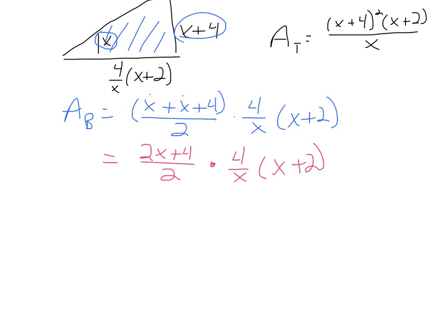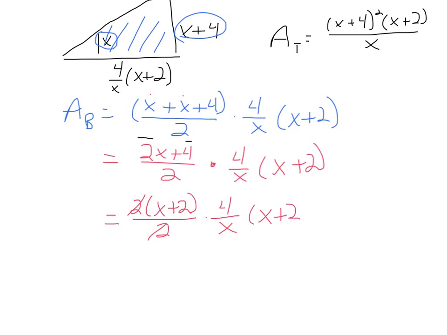Yes. We have a 2, and 4 is 2 times 2. To make it explicit, this is 2 times x plus 2 over 2, so that will cancel out with that, times 4 over x times x plus 2.